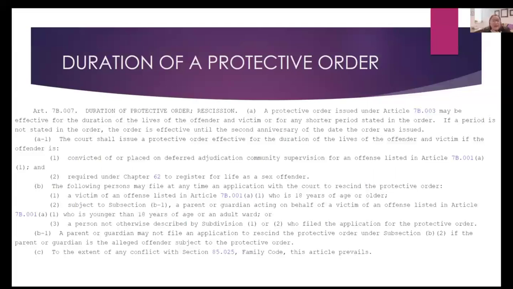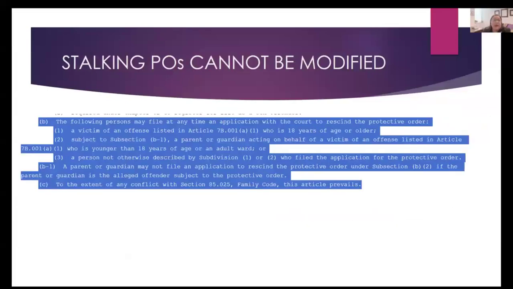Again, for duration of a protective order, stalking protective orders can be issued up to lifetime. And so it really expands that protection for that victim. It provides a very lengthy amount of time, 5, 10, 20 years. It doesn't have to be lifetime, but it does expand that amount at least.